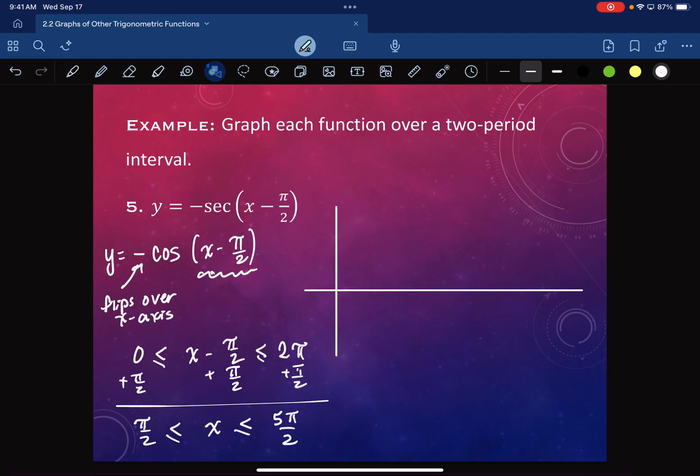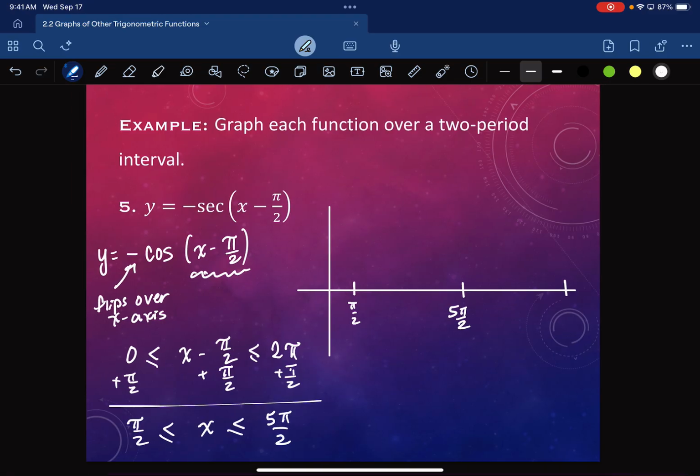The graph needs to start at pi over 2, and it needs to have a full cycle out to 5 pi over 2. And then I should have another full cycle out from 5 pi over 2, right? So what would be the value if I take the 5 pi over 2 and add another 2 pi to it? It would be 9 pi over 2.